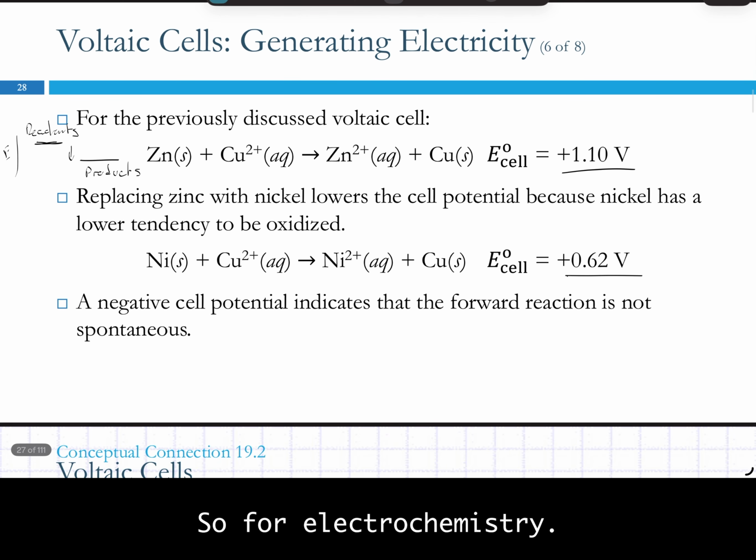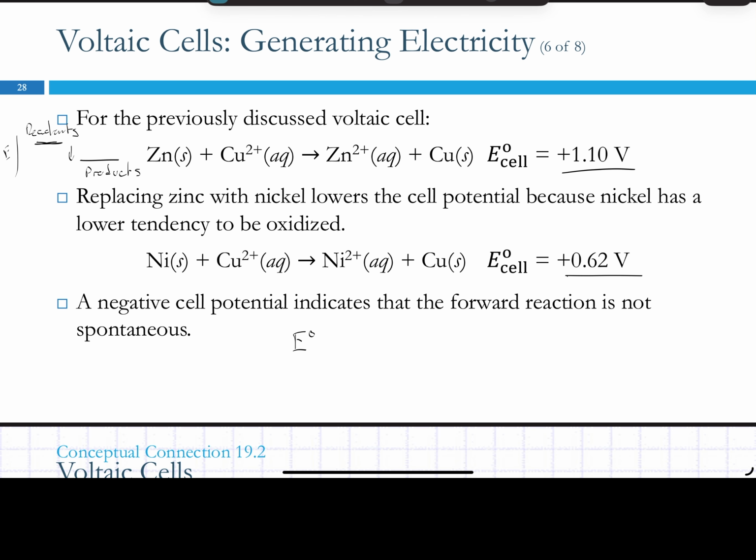So for electrochemistry, the standard cell potential, E cell, positive is spontaneous.